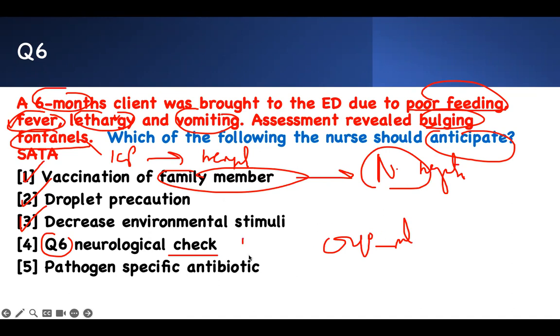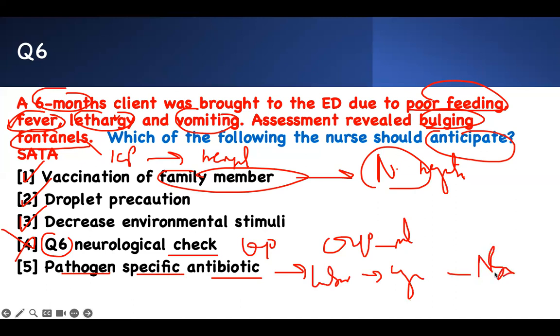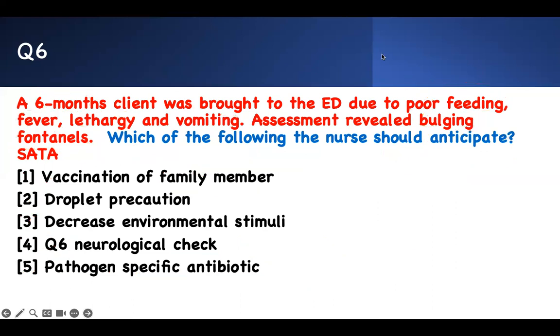This patient needs Q1 vitals. So this is wrong. Pathogen-specific antibiotic? Yeah, we're going to do a lumbar puncture, find the organism, and give you antibiotics specific to the organism. Therefore, this is right. So 1, 2, 3, and 5 are your right answers. Those are what we're going to institute in this care.